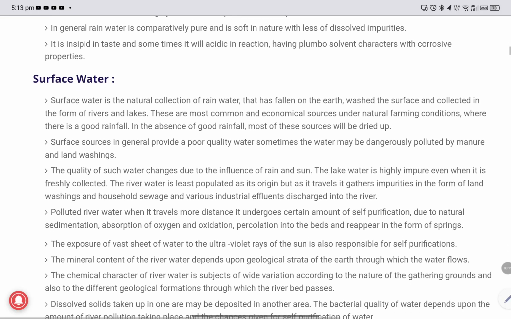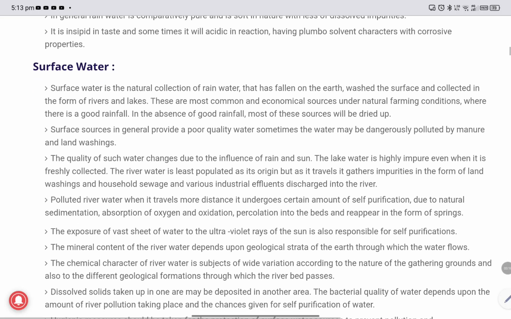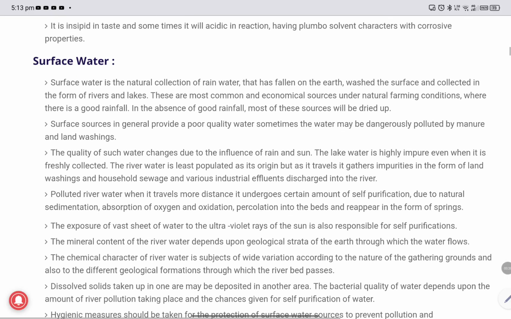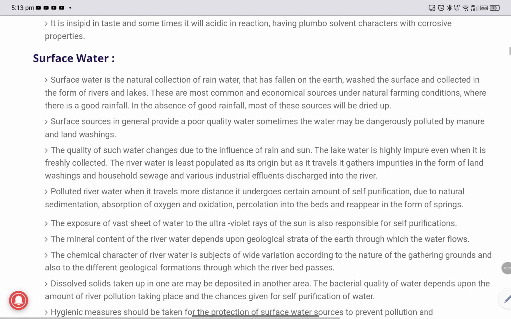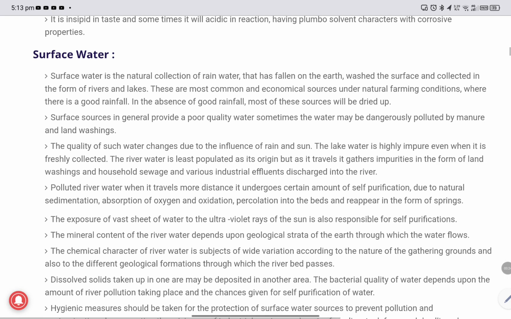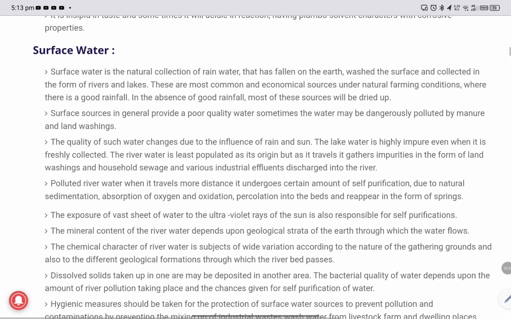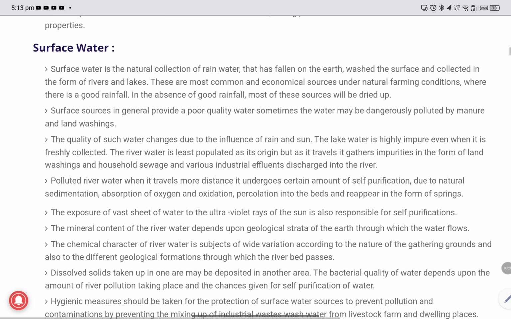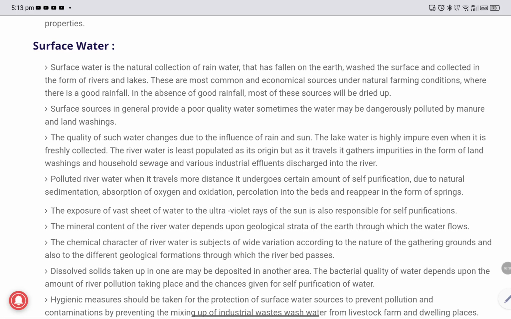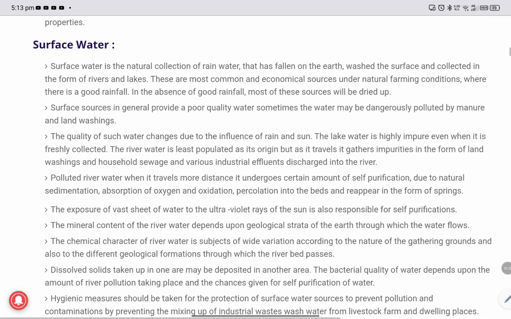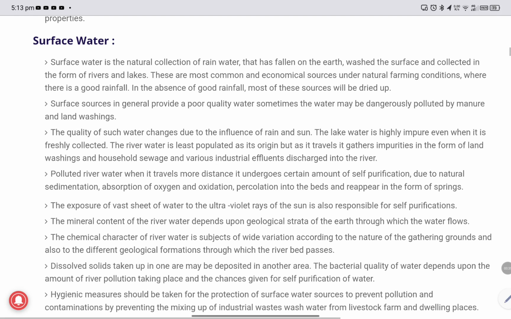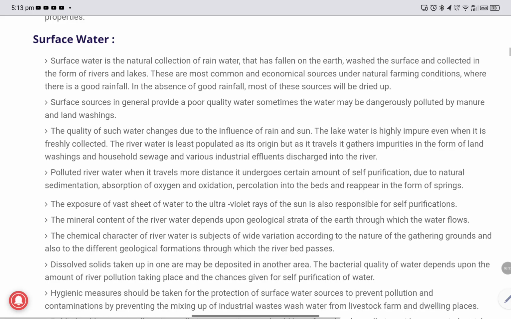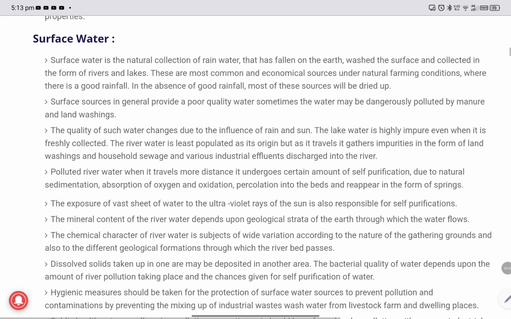Surface water. Surface water is the natural collection of rainwater that has fallen on the earth, washed the surface and collected in the form of rivers and lakes. These are the most common and economical sources under natural farming conditions where there is a good rainfall. In the absence of good rainfall, most of these sources will dry up.